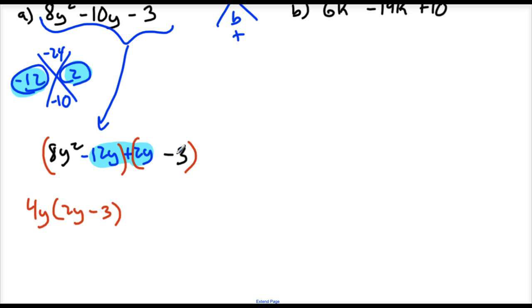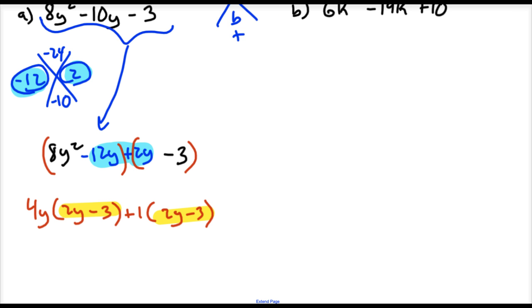And then here, what's the GCF of 2y minus 3? Well, there's nothing, so I'm just going to factor out a plus 1, and this is important to do. And I get 2y minus 3. Notice now that we have a GCF of 2y minus 3 and 2y minus 3.